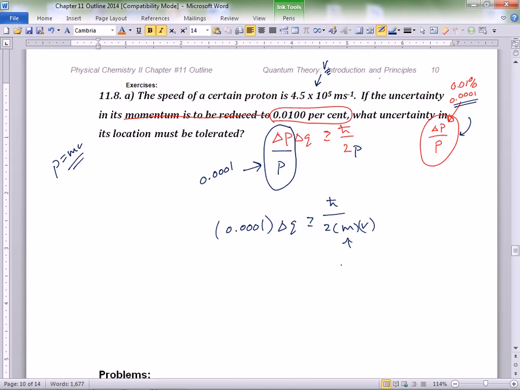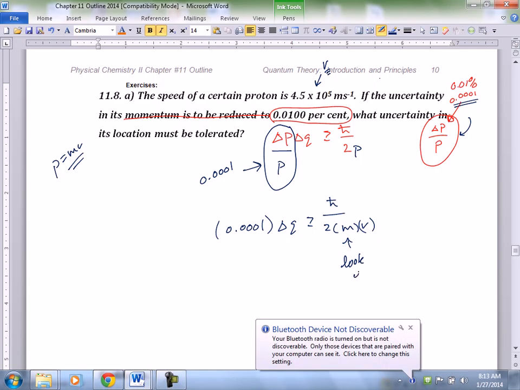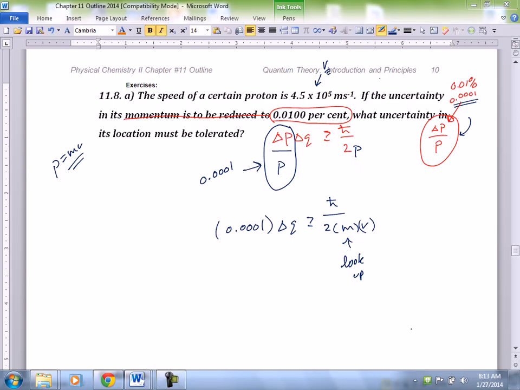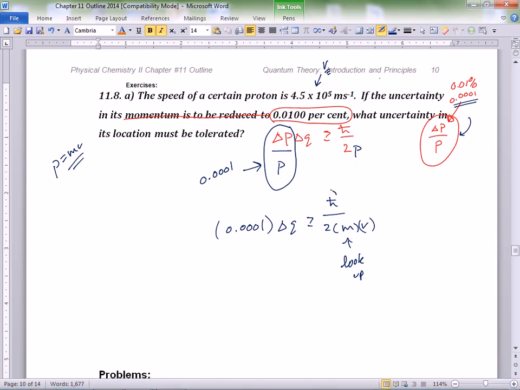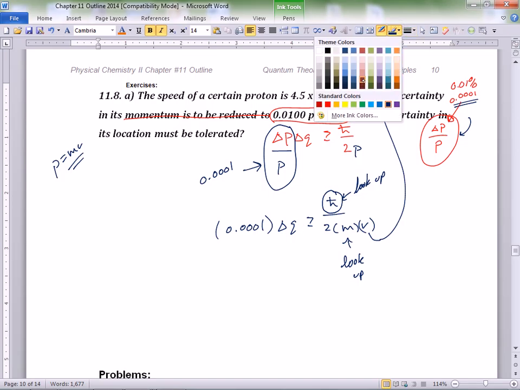And like Ricky said, look this guy up. How about h bar? Again, the cheat sheet, the equation sheet, right? 1.05, you plug in that times 10 to the negative whatever. And you know what v is? Right? There. So just solve for delta Q and you're done.